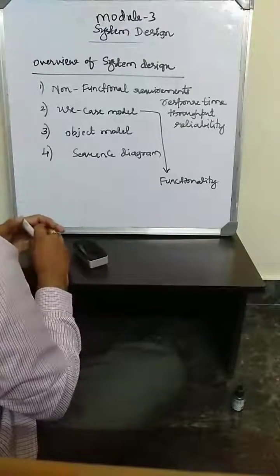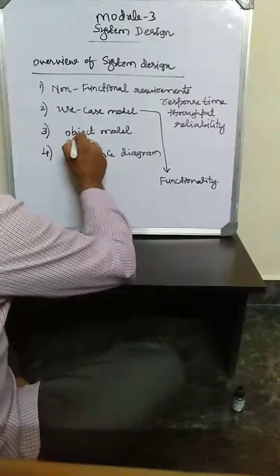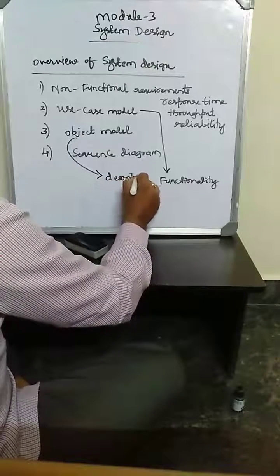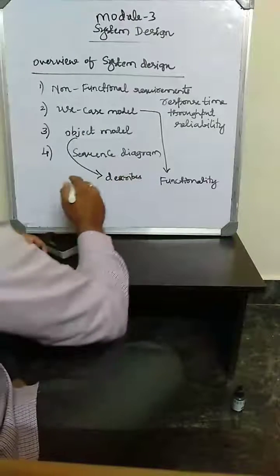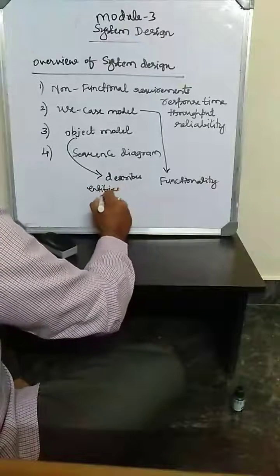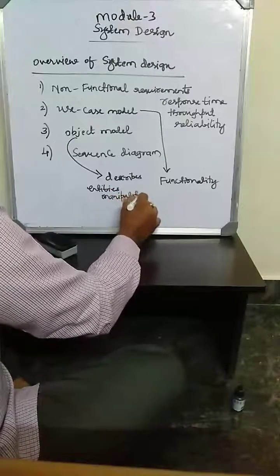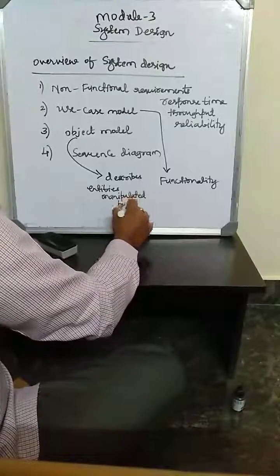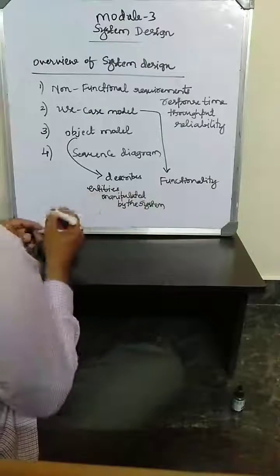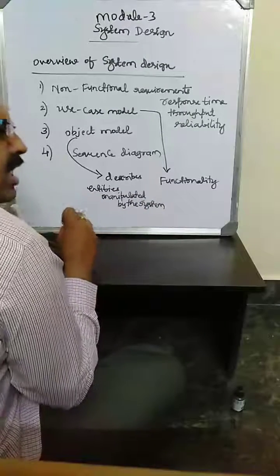Next, we have the object model. It describes the entities manipulated by the system. Entity means all real world objects are entities.